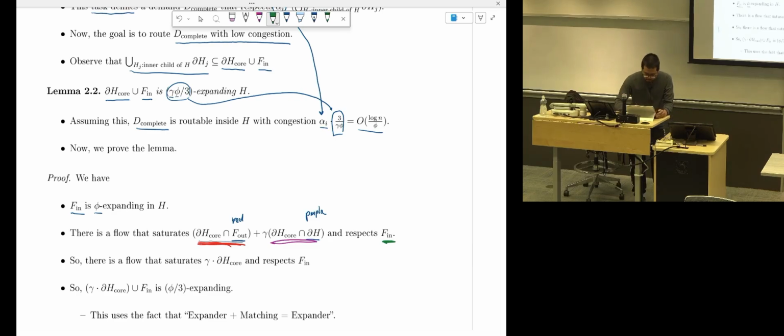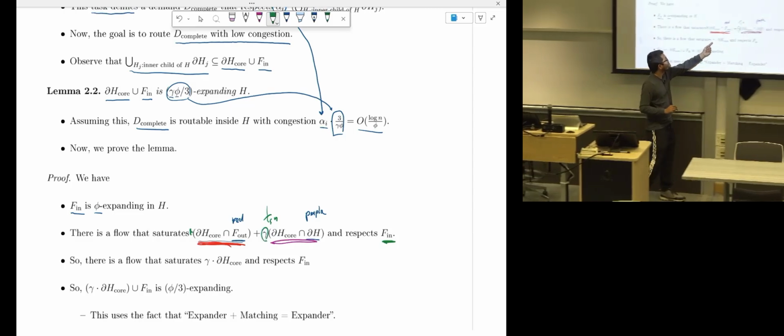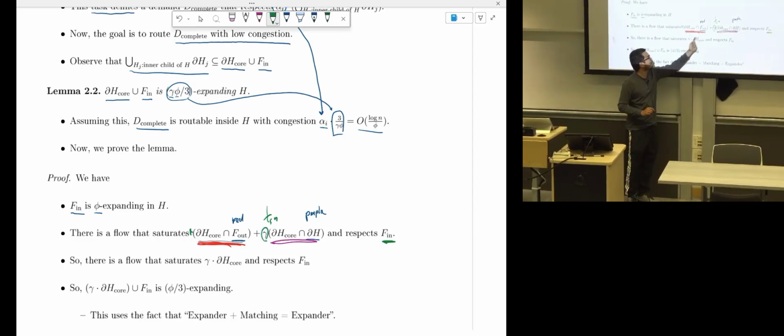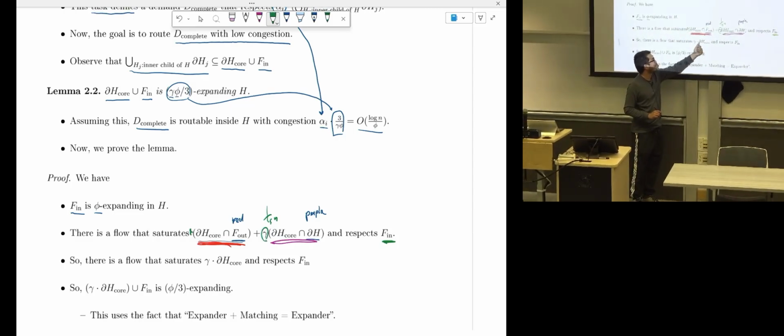And this is like 1 over log here. So this just means that there is a flow that saturates all the boundary of H after I scale it down by log.